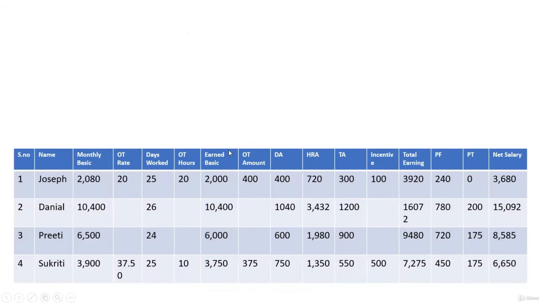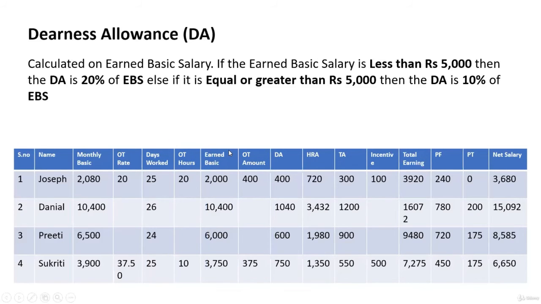Now the next that comes is DA, the dearness allowance. It is calculated on earned basic salary. So we are taking it as earned basic salary. If it is less than 5,000 rupees, then the DA is 20% of that earned basic salary, and if it is equal to or greater than 5,000, then the DA will be provided on the basis of 10% of their earned basic salary.